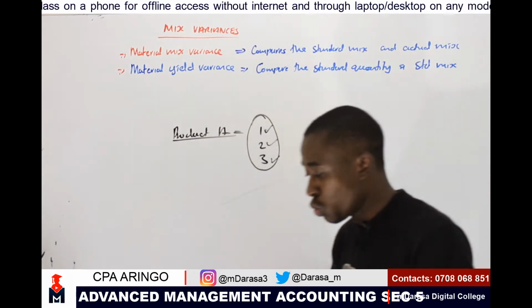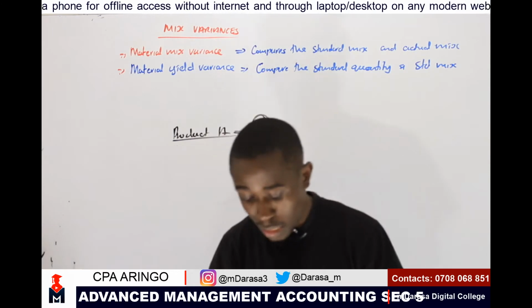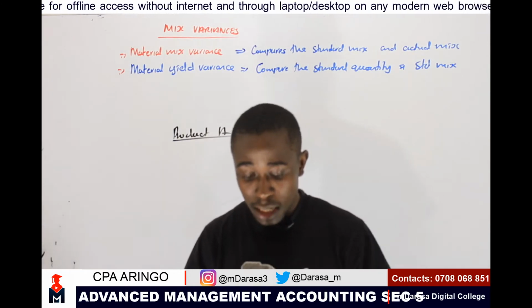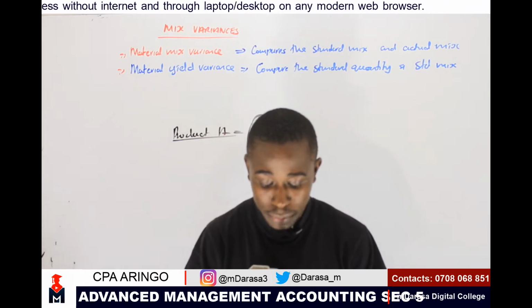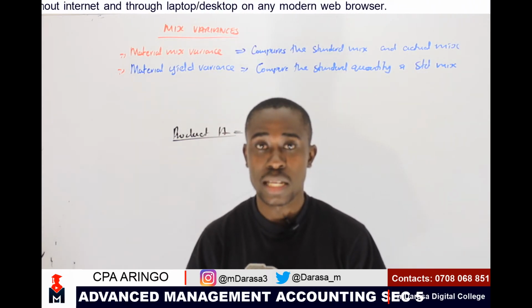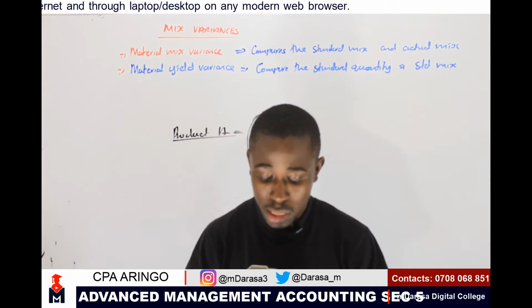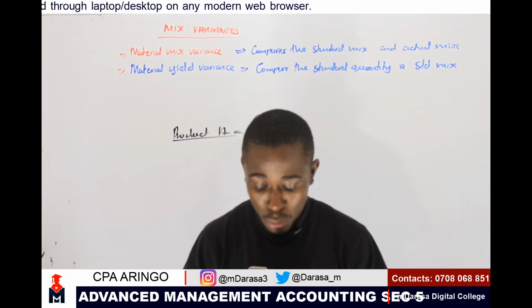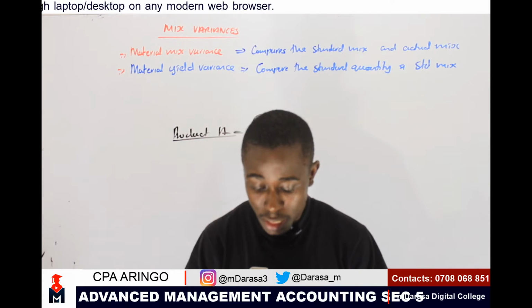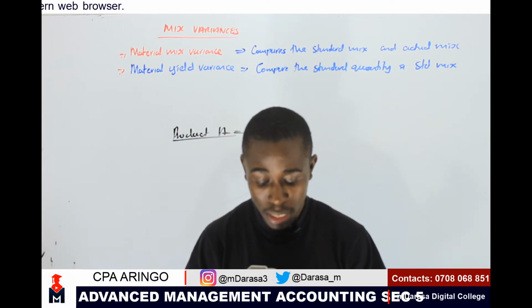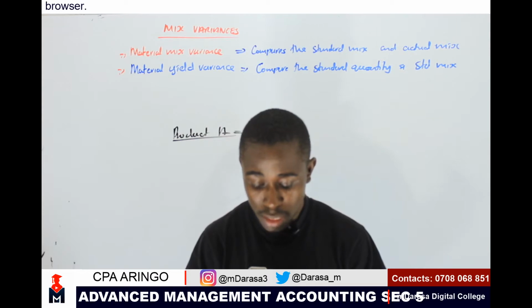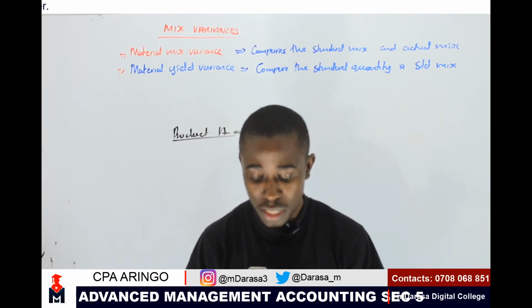So probably for those who are not in our last class, this is a recap. We say that material mixed variance, first of all, we mentioned that where a product is composed of more than one ingredient, it might be necessary to determine the material mix and material yield variance.